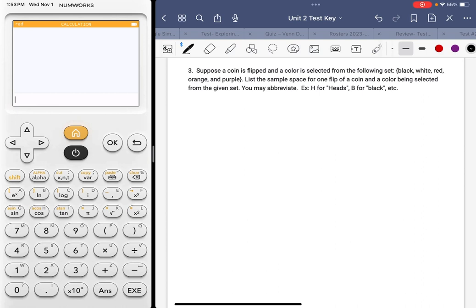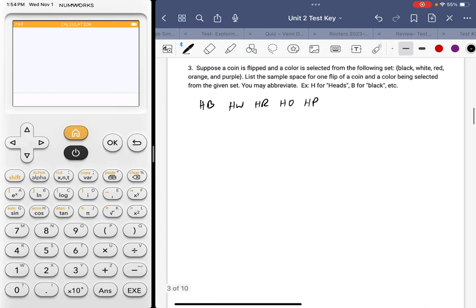But if we do it with just a sample space, we have the coin, then we have the color. So we could say HB, HW, HR, HO, HP. Now tails: TB, TW, TR, TO, and TP.